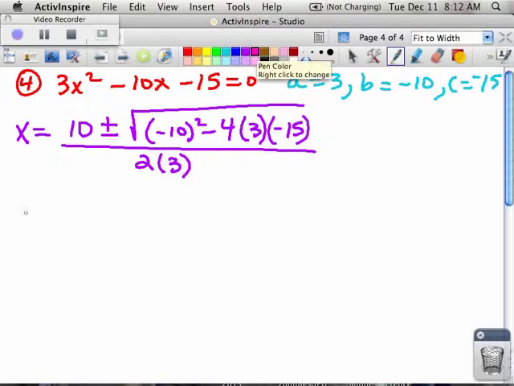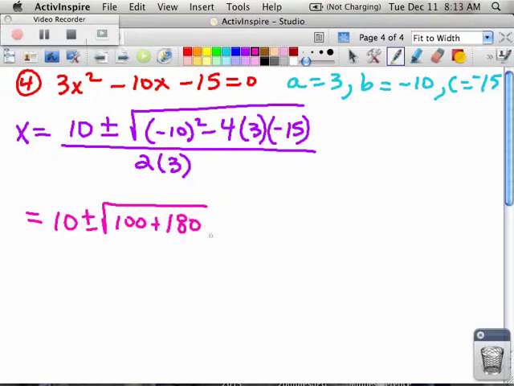Starting to simplify, I get 10 plus or minus the square root of, huge numbers, 100, minus 4 times 3, which is 12, and negative 12 times negative 15 is going to be a positive 180. Thank you. 180. Holy humongous.